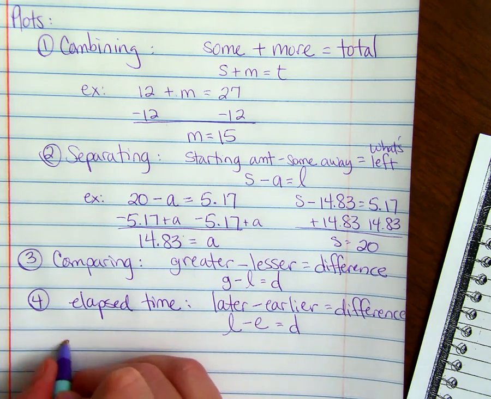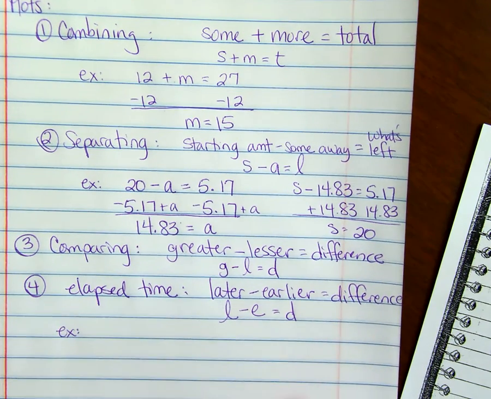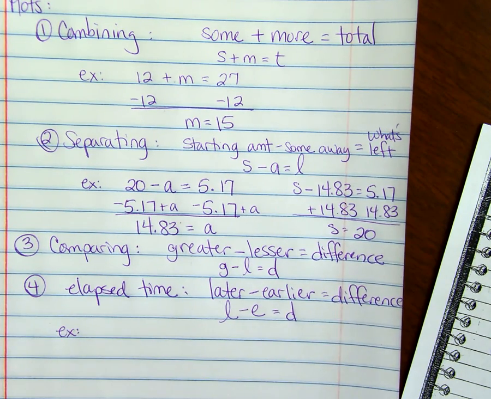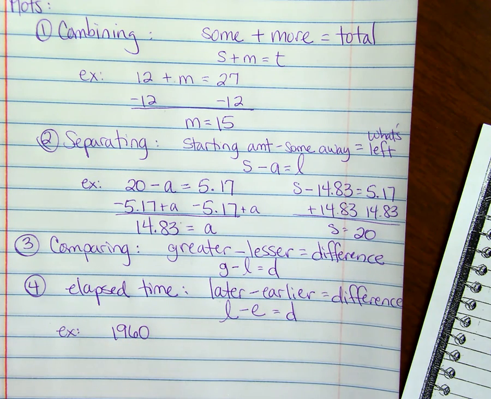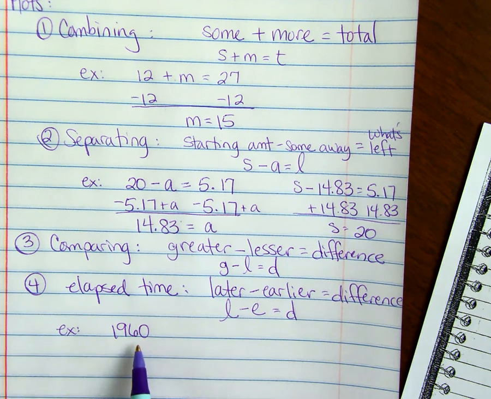For example, someone was born in 1960, no, died in 1960 at 43 years old.